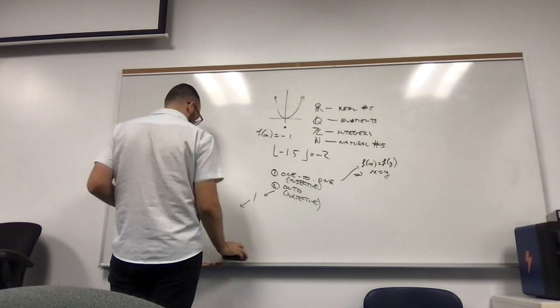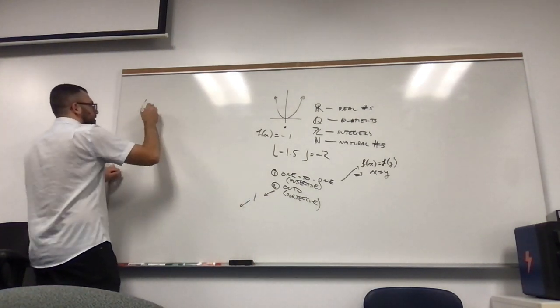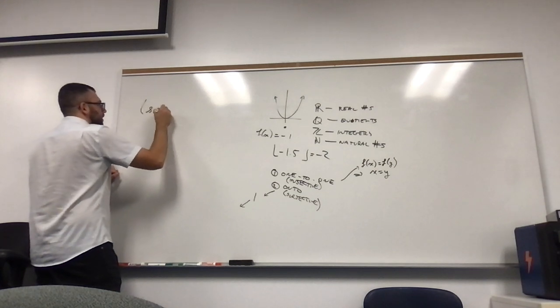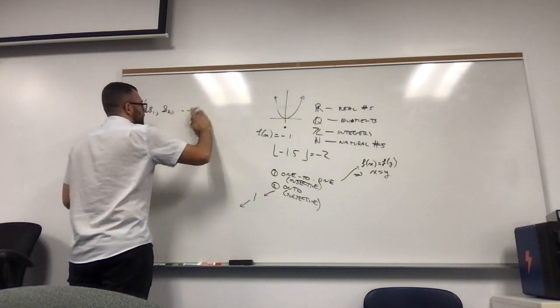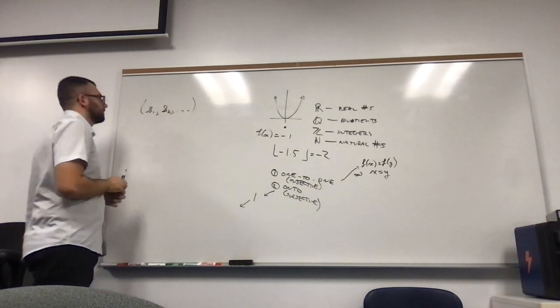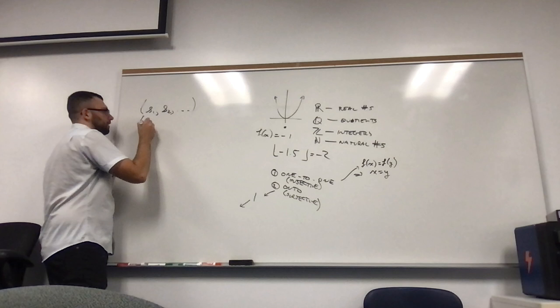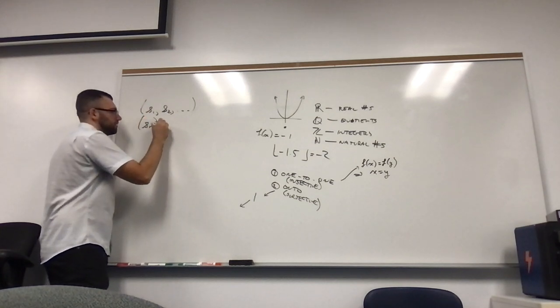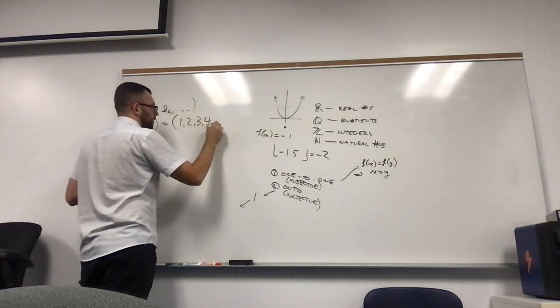Sequences, so you have some sequence. Let's say that we have a sequence that looks like this, where it's S1, S2, off to infinity, right? So you have infinitely many things, some sequence of numbers. Usually you denote it something like this: 1, 2, 3, 4.